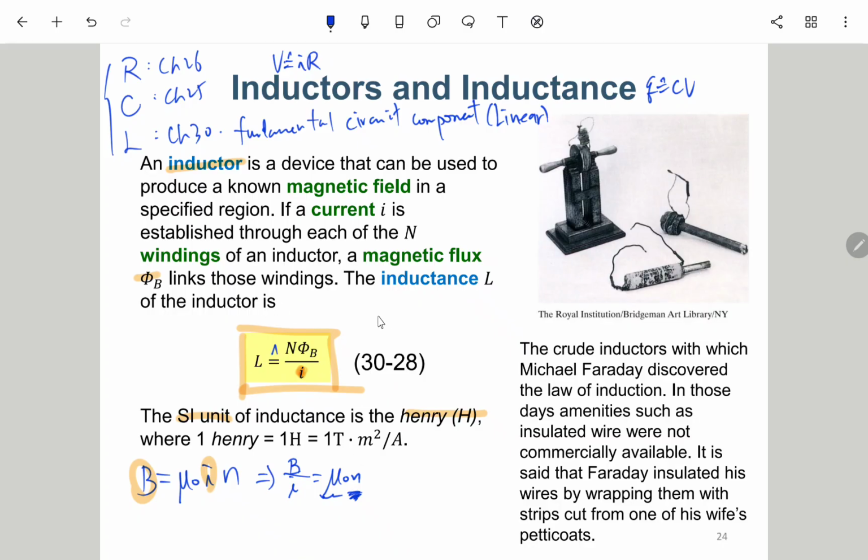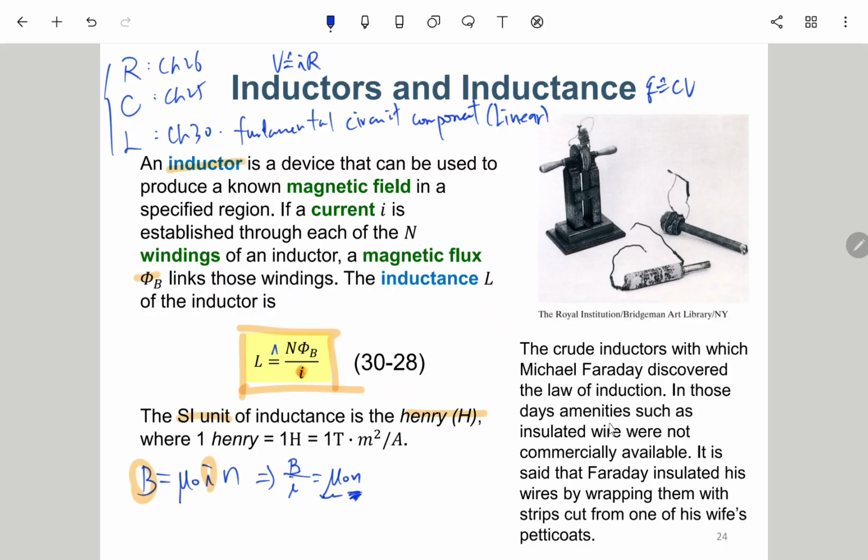That's how large a B field you can generate. The bottom right part says the crude inductance with which Michael Faraday discovered the law of induction.